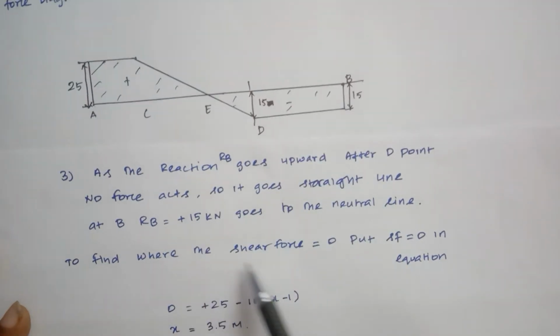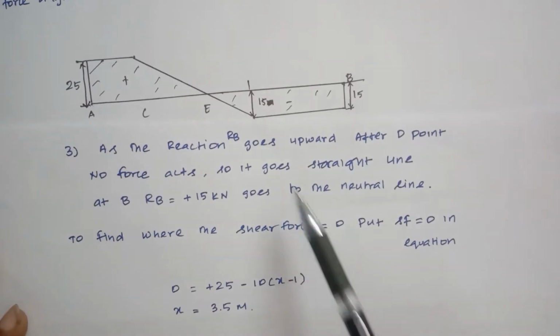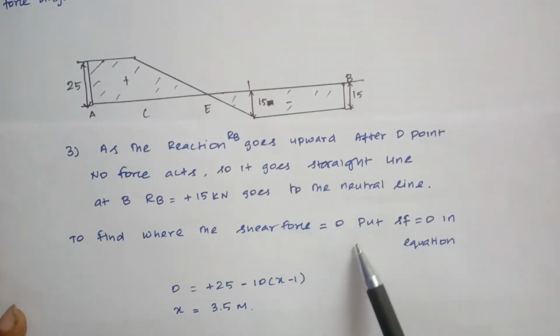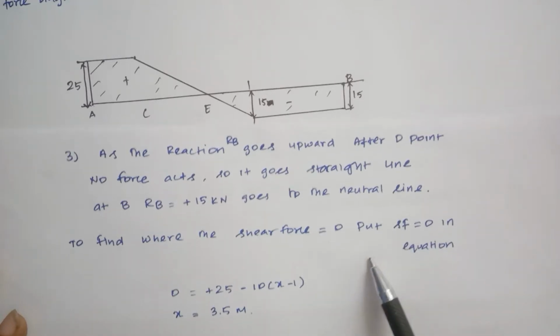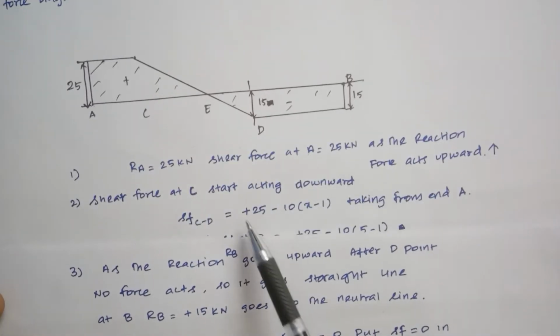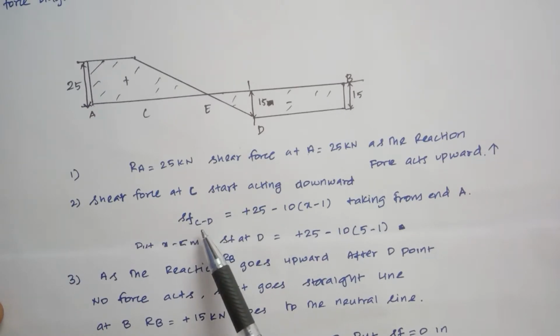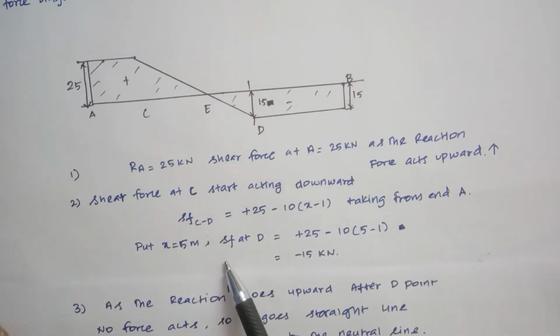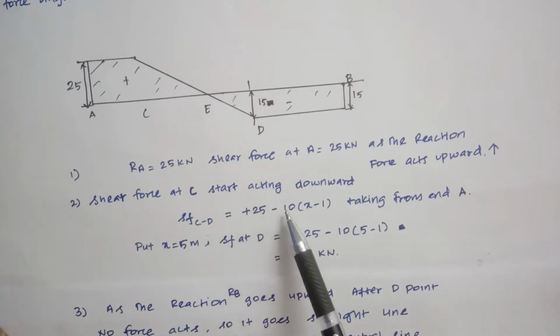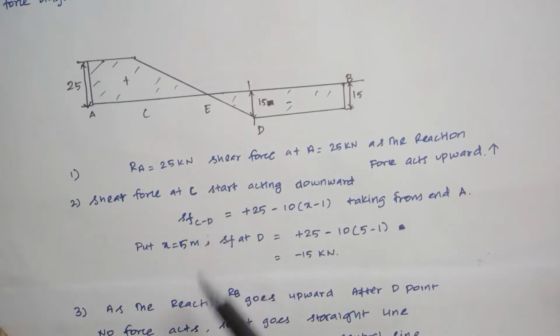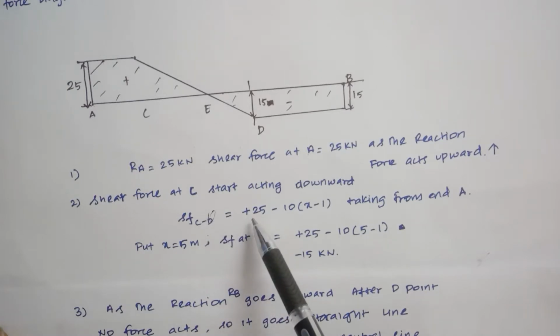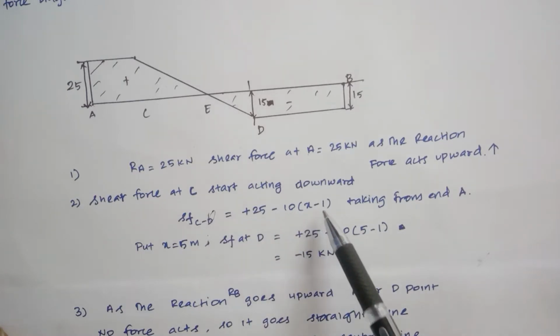To find where the shear force is equal to 0, that is point E, put shear force equal to 0 in the equation. In the equation, shear force at section CD is plus 25 minus 10 (x minus 1).